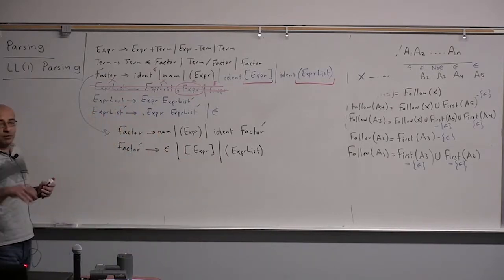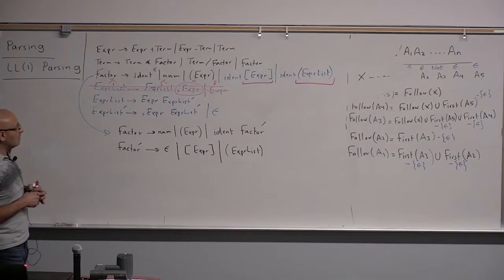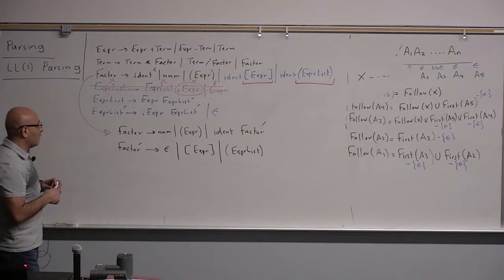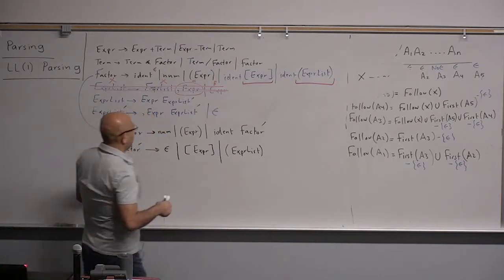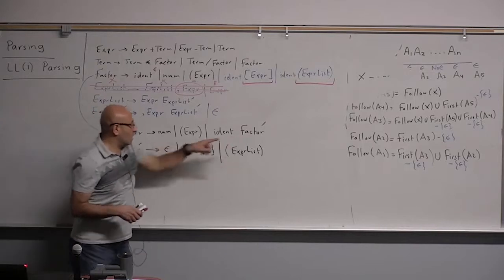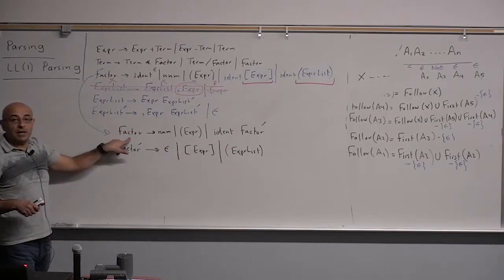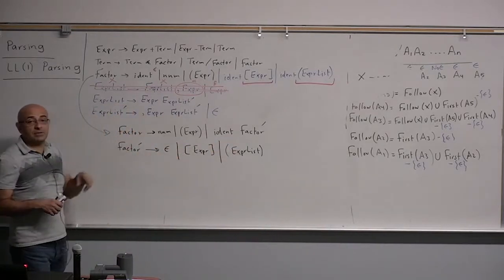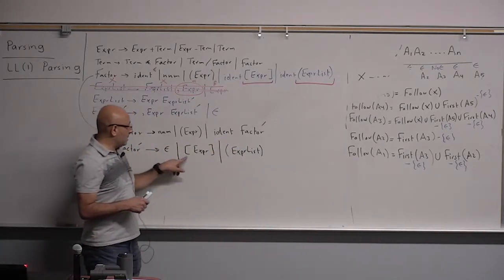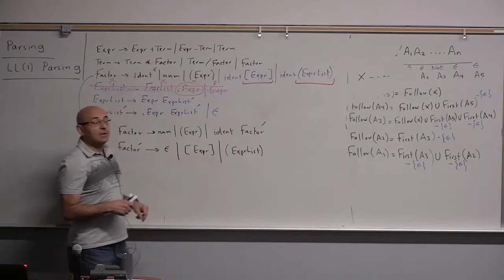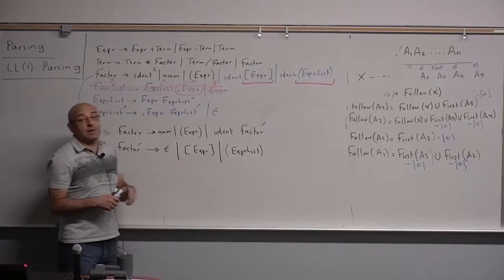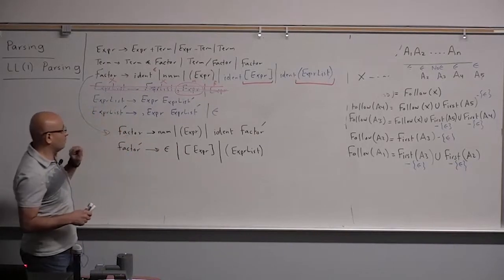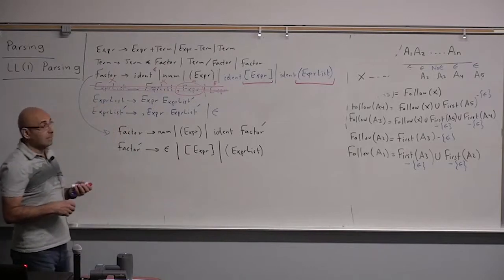And in fact, if you go back to your factor prime, well, we have not computed the follow set of factor prime, but it is going to be the follow set of factor, because it's the last thing in a factor. The follow set of a factor does not have an open bracket or open parentheses. So go back to your follow of factor, it will not have any of these in it.